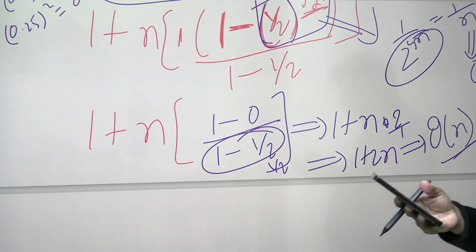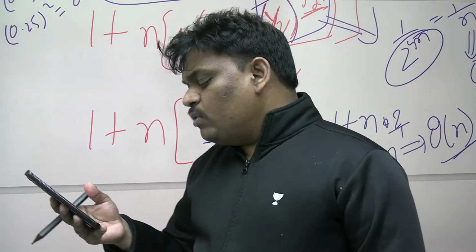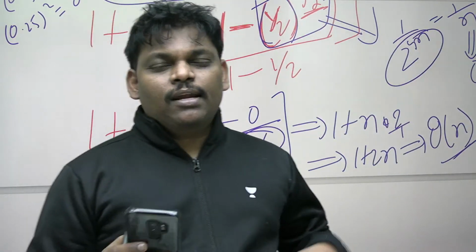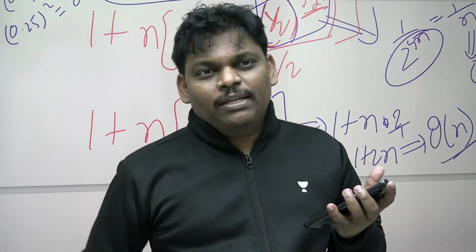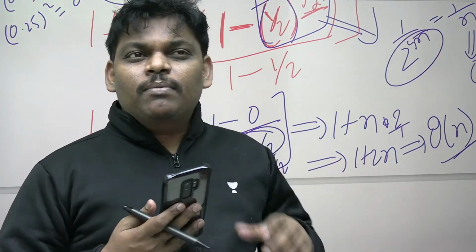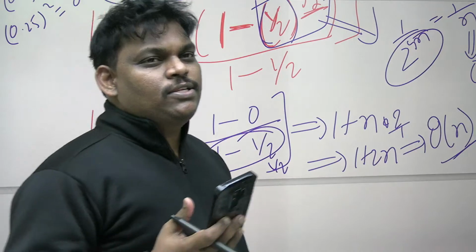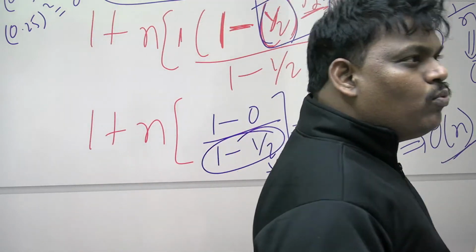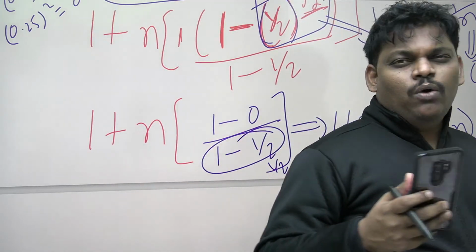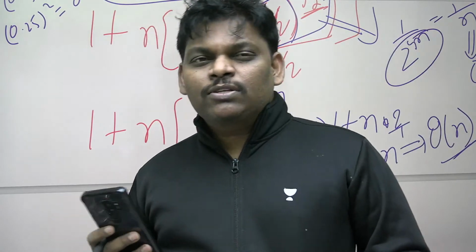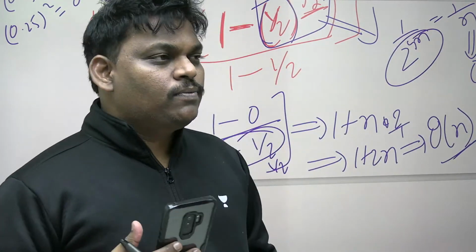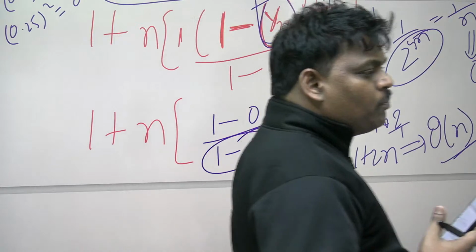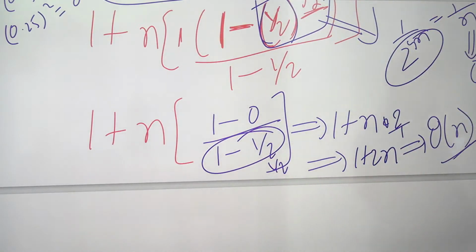I think Anjali is saying, sir, are there any questions which cannot be solved? That is the reason we have three methods. If everything can be done by master theorem, why would I explain this? Master theorem will solve only a few problems. Out of 100 problems, master theorem will solve only 10 problems.